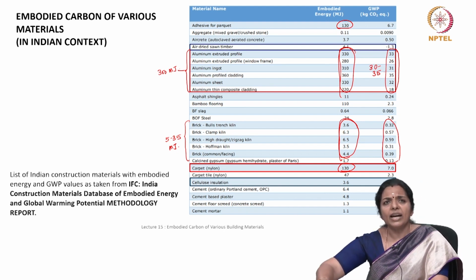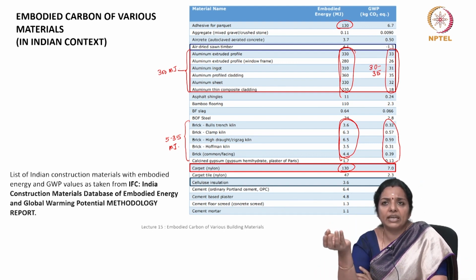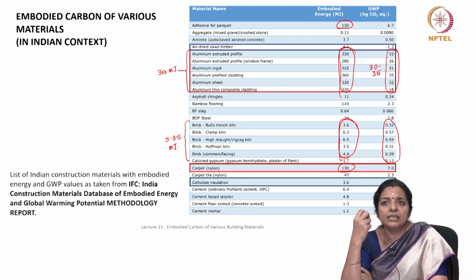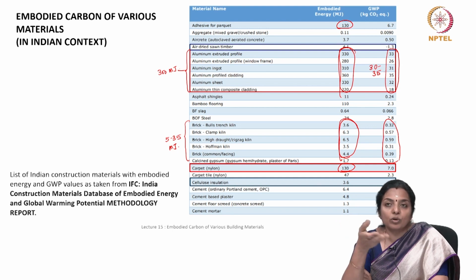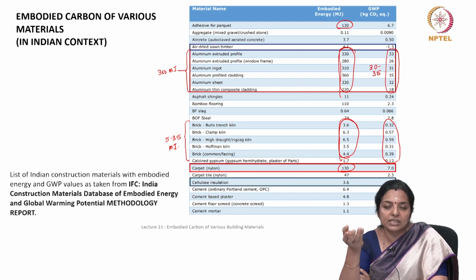So, high embodied carbon materials have a highly intensive raw material extraction process or manufacturing process, or sometimes both, and that is the reason why aluminum or carpets or steel and PVC have such high embodied carbon values, whereas low embodied carbon materials are usually the ones that are renewable rapidly.